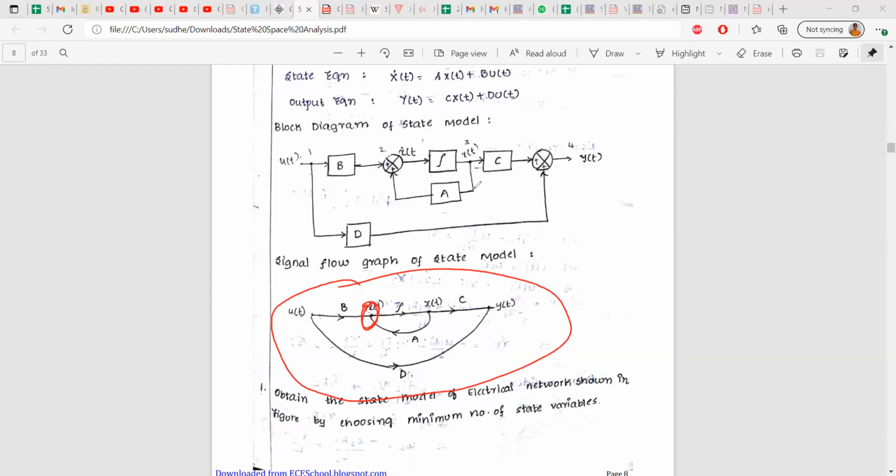Mixed node. Very good. It is a mixed node because you have incoming signals to this node and you also have a leaving signal from this node.